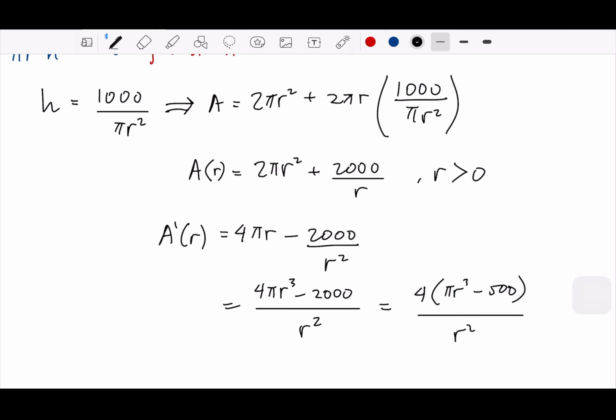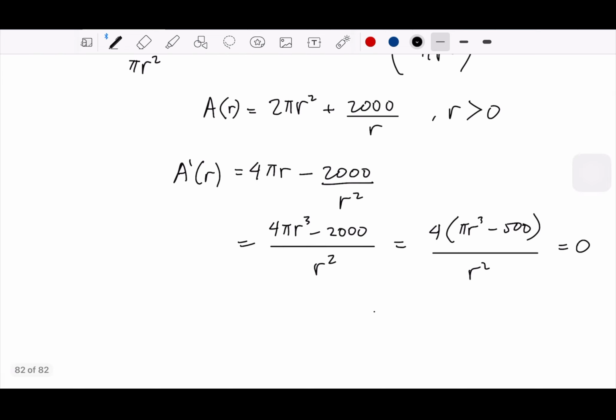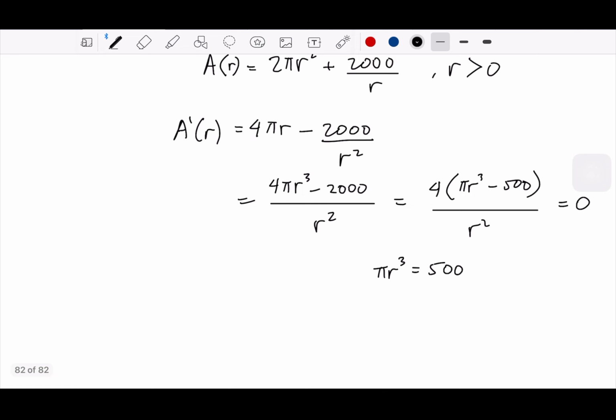If we set this equal to 0, then pi r cubed will be equal to 500. So we can find the critical number: r should be equal to the cube root of 500 over pi.